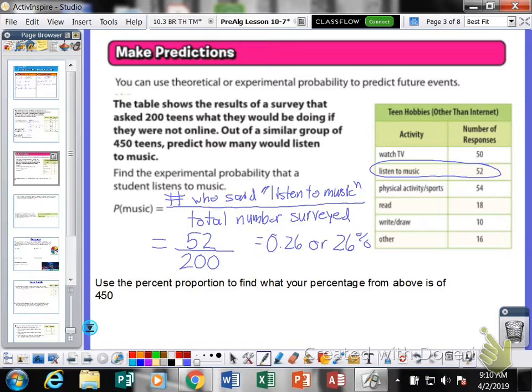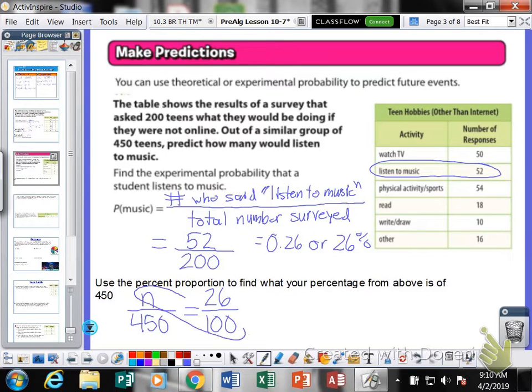Our percent proportion is part over the whole, which in this case is 450 students, and that's going to equal our percent over 100. So we have 26% over 100. Okay, we're trying to find n. We're trying to find the number of students out of 450 that would listen to music.